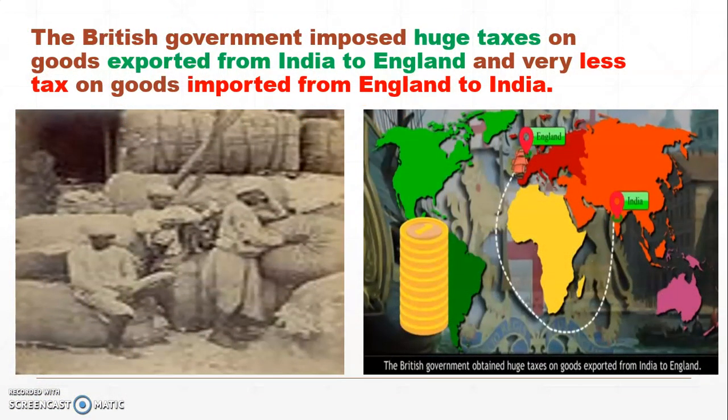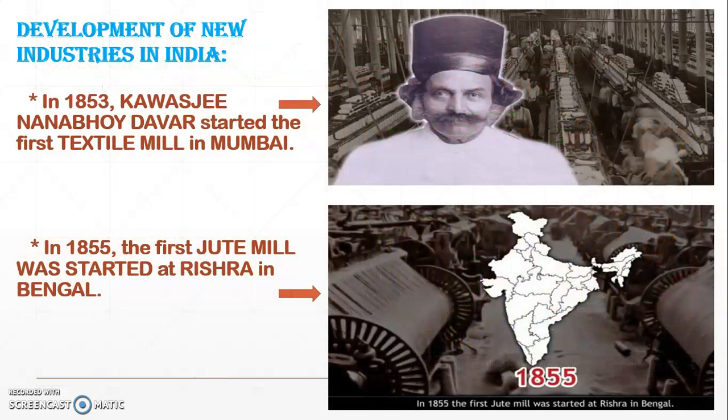Now, what was this new development, or how was this development being brought in India? Let us see. First, in 1853, Kawasji Nanabhai Davar started the first textile mill in India. Next, in 1855, the first jute mill was started at Rishra in Bengal.